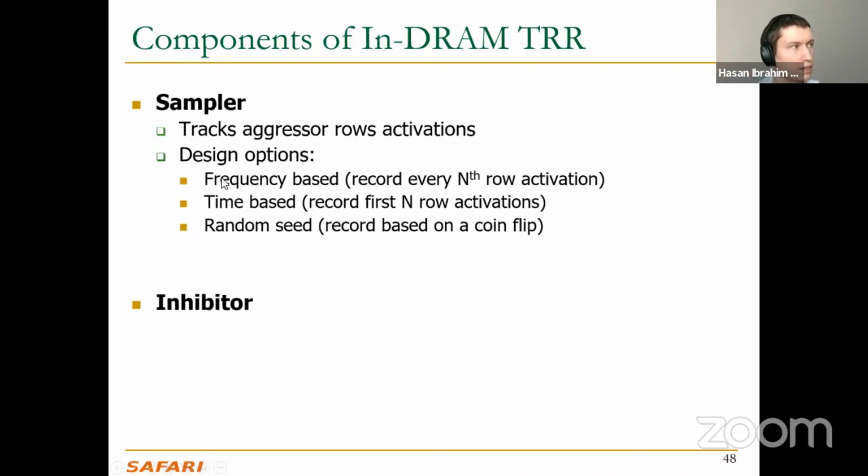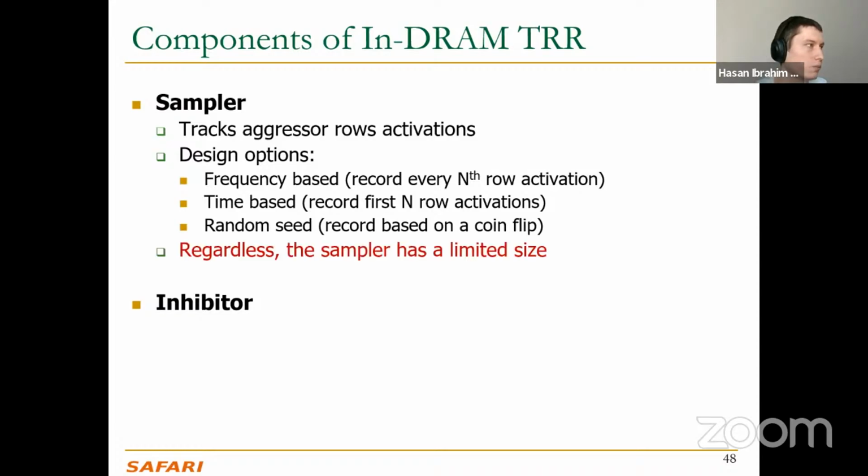It could be time-based, where the first n row activations are counted or detected directly as aggressor rows. Or it could be a random approach that depends on a coin flip, like the implementation of vendor B, where a row activation has a small probability of being sampled. Regardless, the sampler has a limited size. This is what we suspected, and it can be exploited and bypassed in some way.